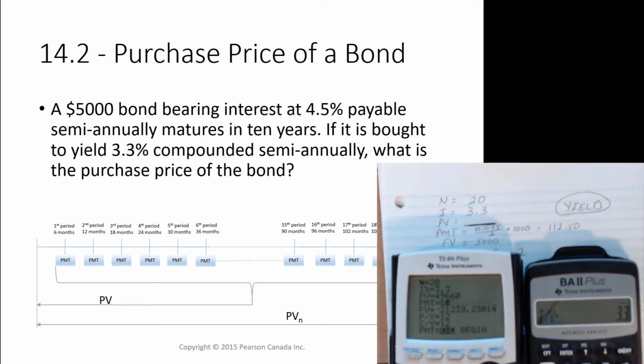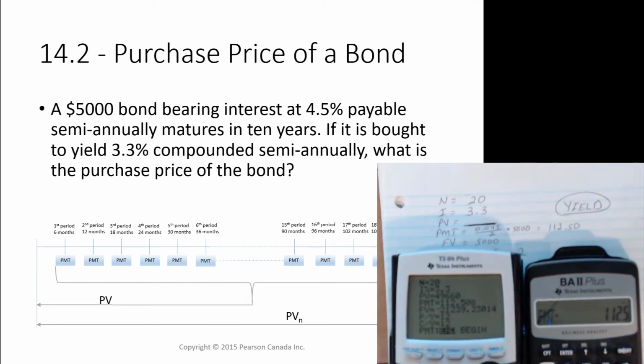That's positive because there's money coming towards us. It really doesn't matter if we look at it as the issuer or as the lender, but we'll keep it as if we're buying the bond. 112.5 for the BA2 Plus, and I push the payment number.